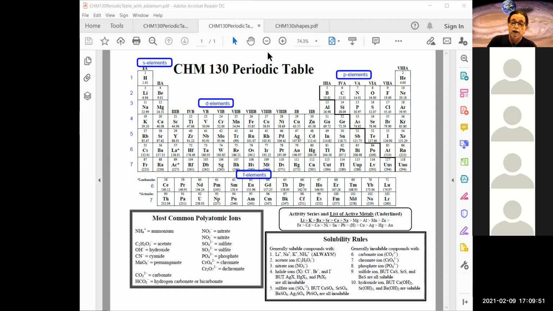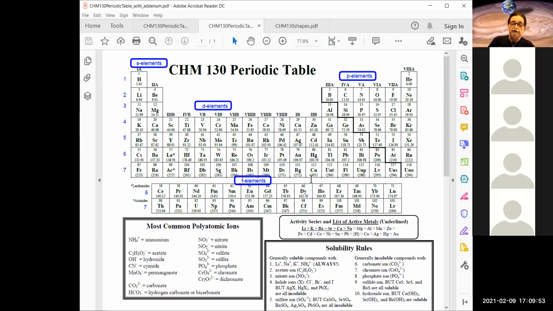All right, well, let's select an element, and let's do sodium. So based on the periodic table, we are going to do sodium, and let me highlight this first in a different color. Let me mark where sodium is.